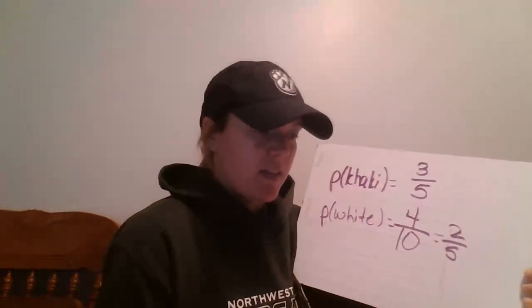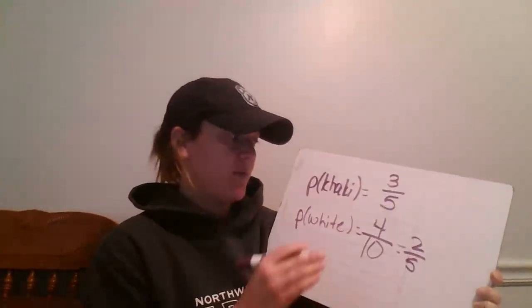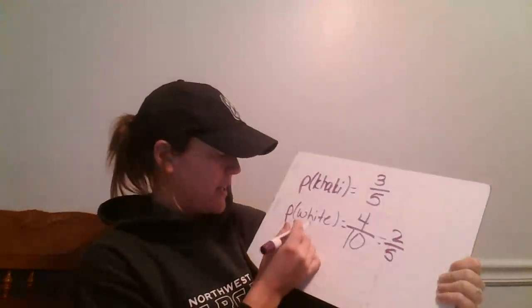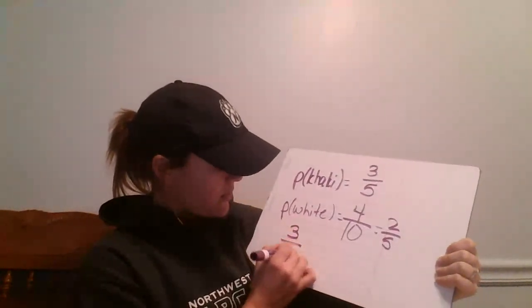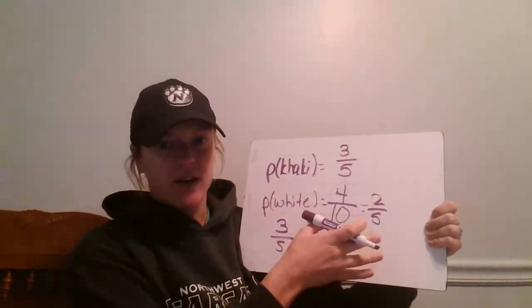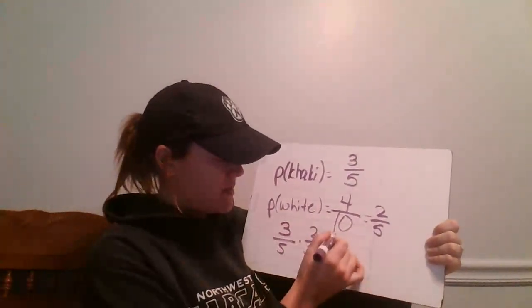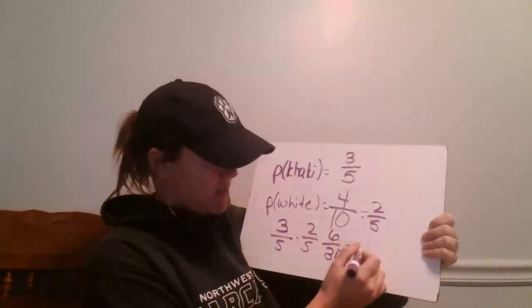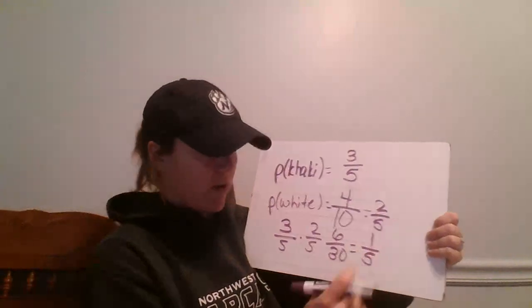Okay, so they want to know what is the probability of him picking a khaki and a white shirt. So we need to multiply 3/5 times 2/5, and we multiply across. So we're doing 3 times 2, which is 6, all over 30, which can be reduced down to 1/5.